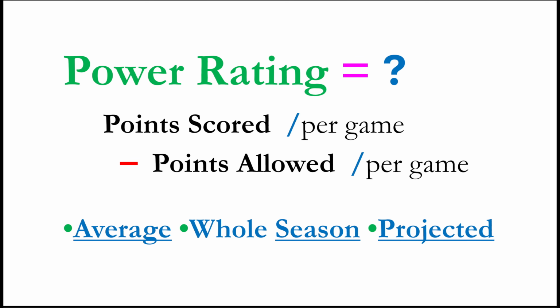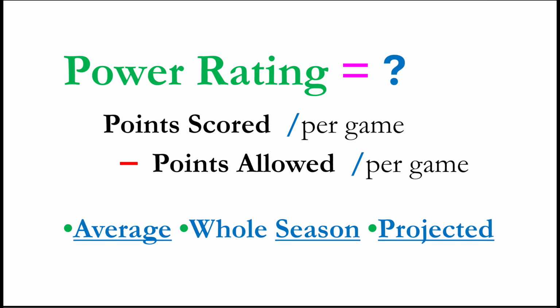We don't have a time machine, so what Vegas has to do is they have to try to project to the best of their ability. So at the beginning of the season, what do they do? They start with last season's statistics. Then they look at the transfer portal, players that graduate, move on to the NFL, incoming freshmen, recruiting, injuries, etc. And then they estimate, well, what's the average points scored by this team per game?